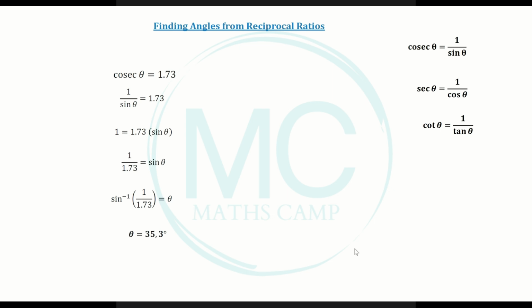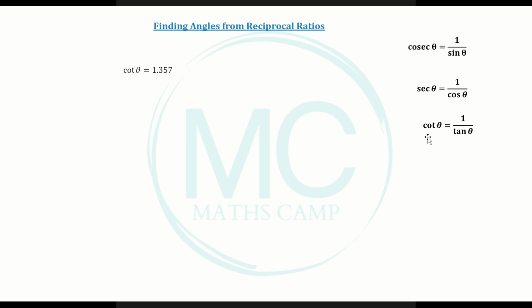Let's look at another example. Cot theta is equal to 1,357. Over here, we can see cot theta is equal to 1 over tan theta. So let's rewrite this equation. And we can say 1 over tan theta is equal to 1,357. Let's move tan out of the denominator of the fraction.